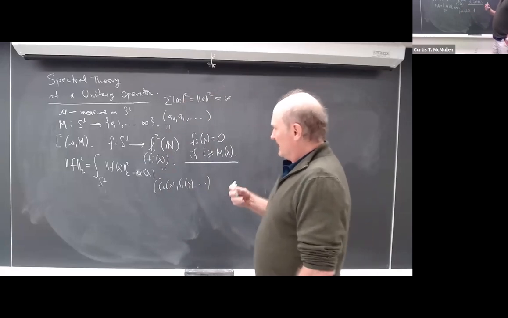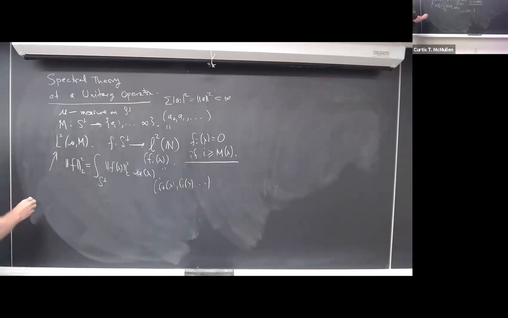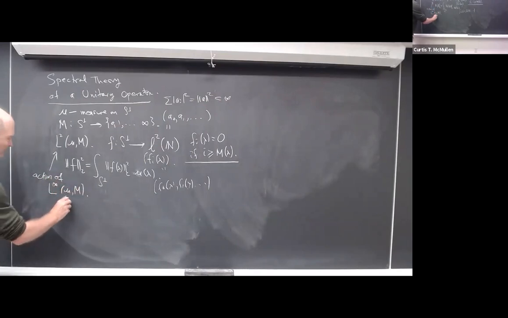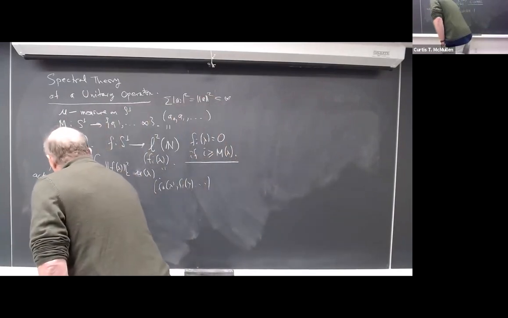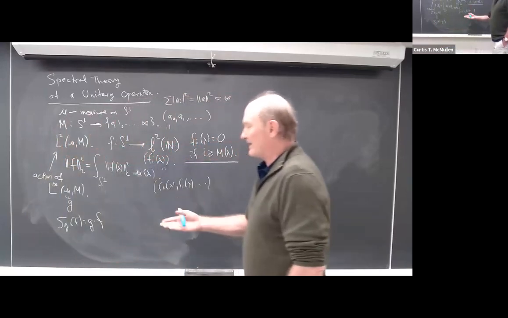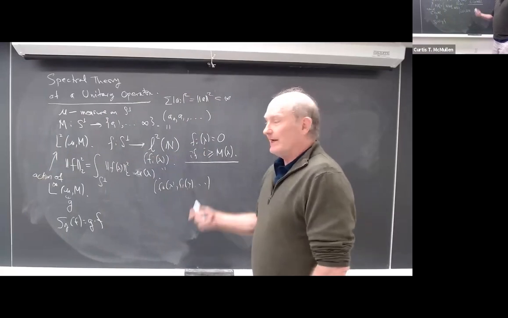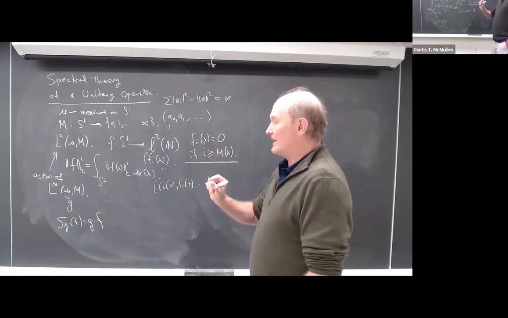Okay, now here's a general fact. On L2 of anything, you have an action of L infinity. Namely, if you pick a function g that's uniformly bounded, it determines an operator, S_g of f, which is just g times f. And the operator norm is just the sup norm of g. It's definitely bounded on L2. And what's the adjoint? The adjoint is just g bar, the complex conjugate of g.